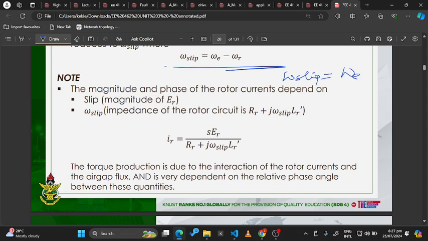Omega slip, which is omega E, or omega S, minus omega R. Okay, so the current at any speed is equal to the slip times the EMF rotating, divided by R plus j omega slip frequency.